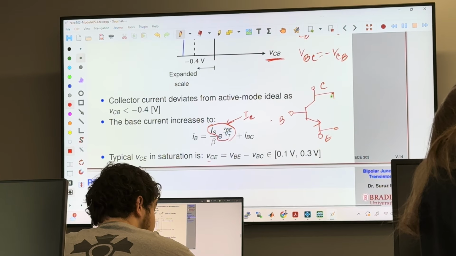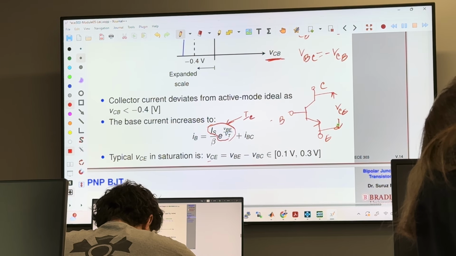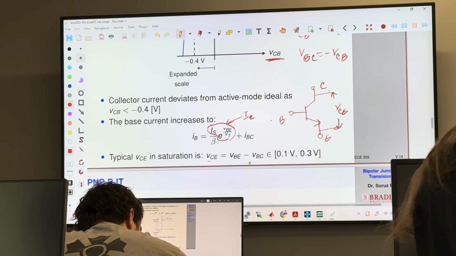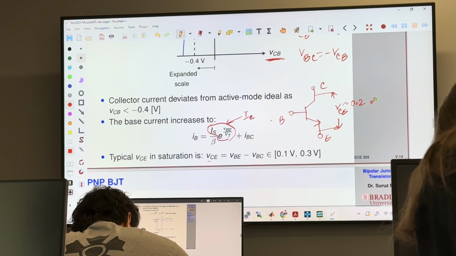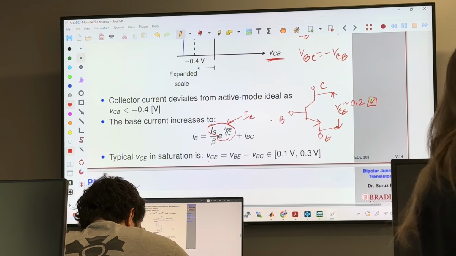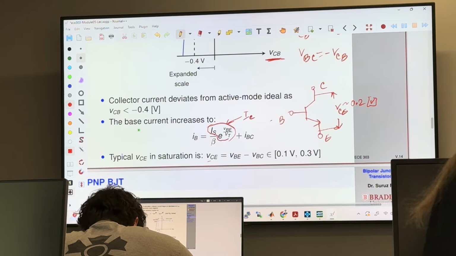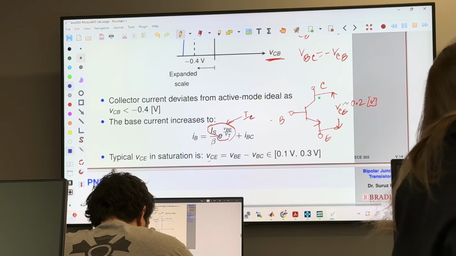This voltage in saturation mode is approximately 0.2 volt, which is close to 0 volt. So you can just think of this as a piece of wire. So when the transistor operates in saturation, you can just think of this as a piece of wire.